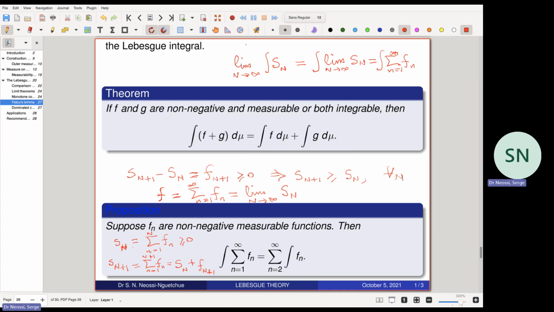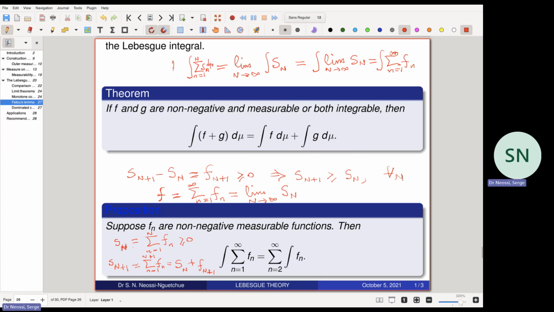Now, this side, because we have a finite sum here, you can always interchange. This is S sub n. So let me write this other integral. This one will give us the limit of the integral of the finite sum, n running from 1 to capital N, of f sub n d mu.